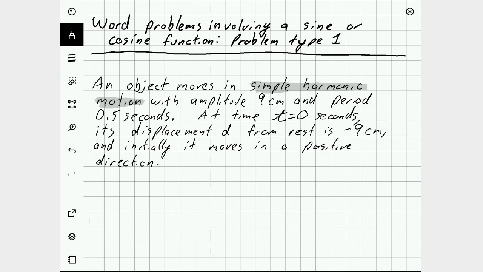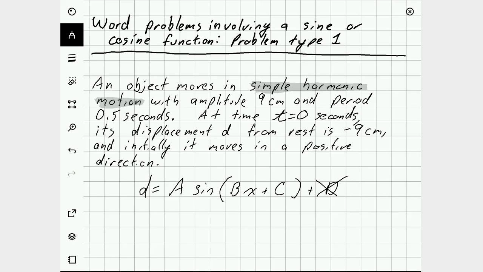So I know that my displacement is going to be an amplitude times the sine or cosine, I'll put in sine as a placeholder because it's usually sine, of some constant related to the period times x plus a phase shift, plus a vertical shift. In simple harmonic motion, it's usually a safe bet to assume that the vertical shift is going to be 0 because measuring based on the center point makes the most sense.